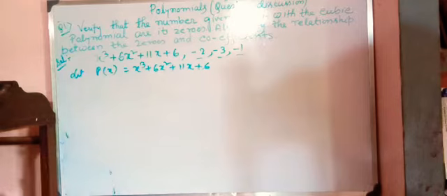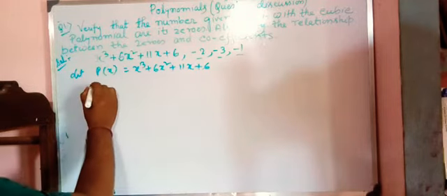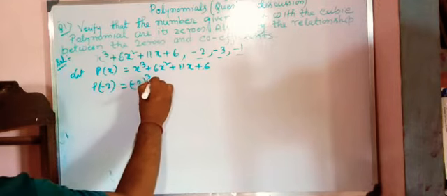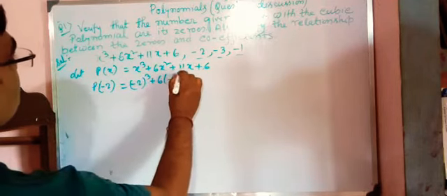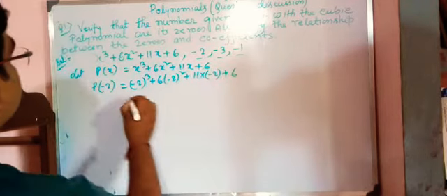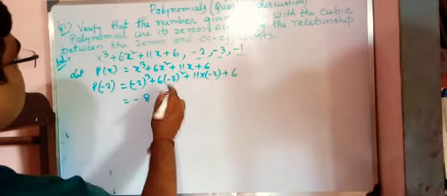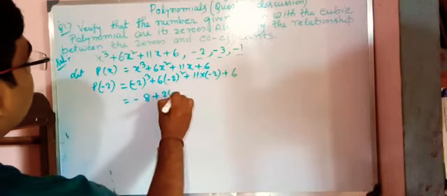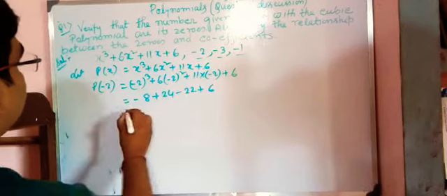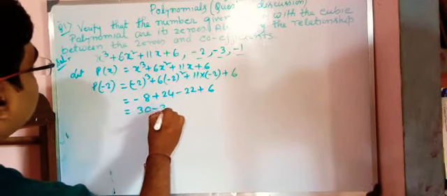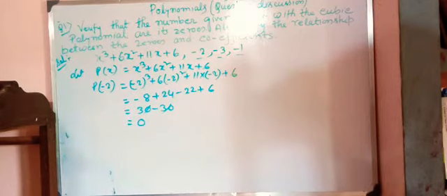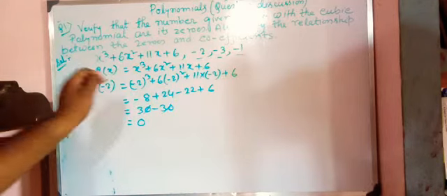Now we have to find P(-2). P(-2) equals (-2) cube plus 6 into (-2) square plus 11 into (-2) plus 6, that is -8 plus 24 minus 22 plus 6, that means plus 30 minus 30. So here we are getting 0. So -2 is a zero of the polynomial.